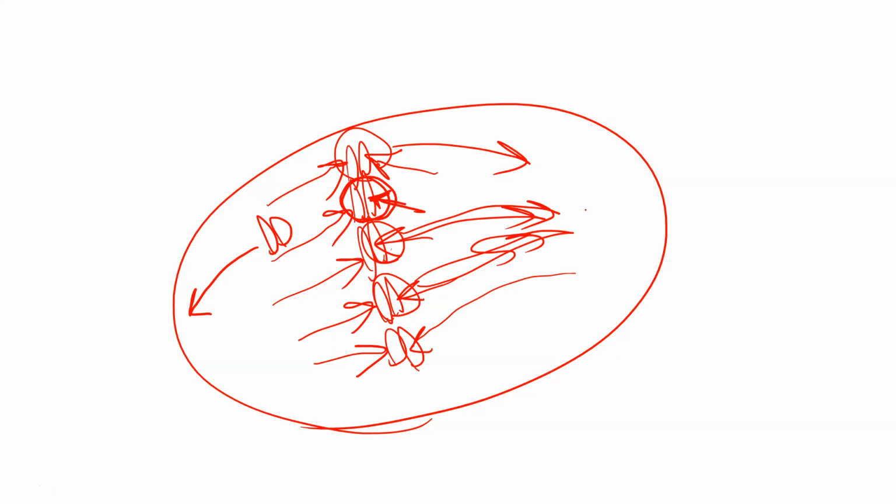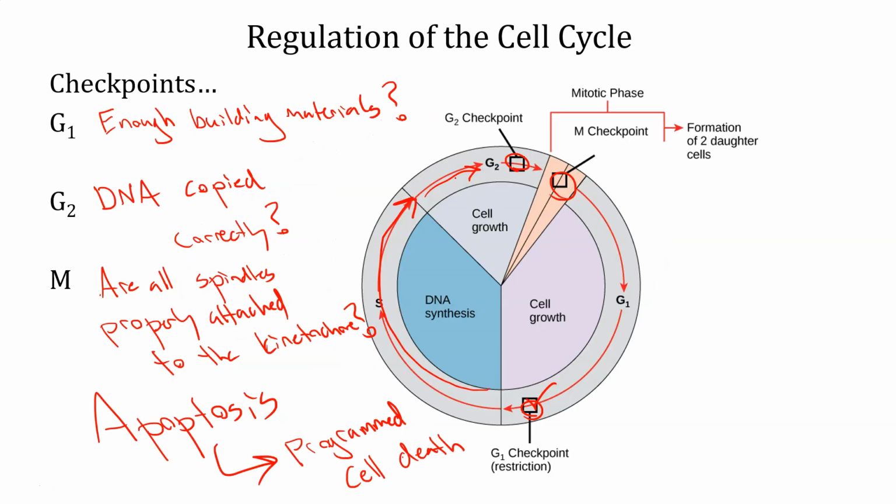And so this side over here would not have that chromosome, and this side over here would have two sets of that chromosome. Well, that is a very problematic thing. A cell generally can't survive if it doesn't have all of its genes. So it's important that every kinetochore has a spindle attached to it before anaphase occurs. So that's what's going on here at the M checkpoint. There's a whole bunch of other stuff going on at these checkpoints, but for our purposes here, that would be the summary.